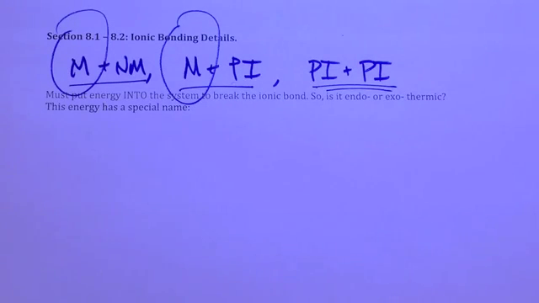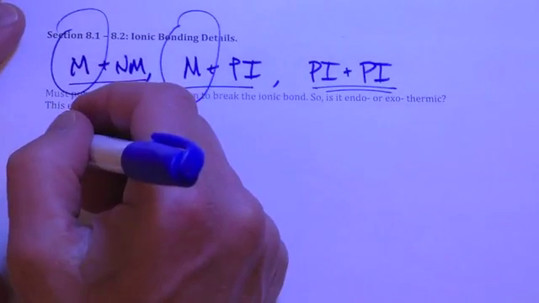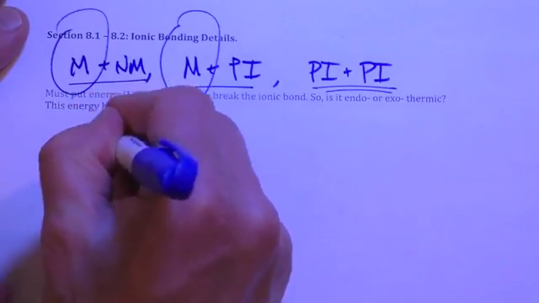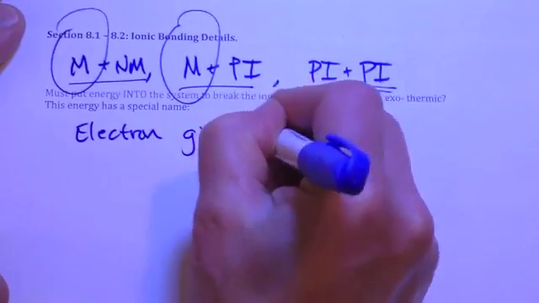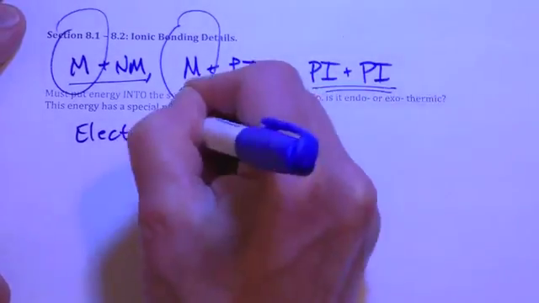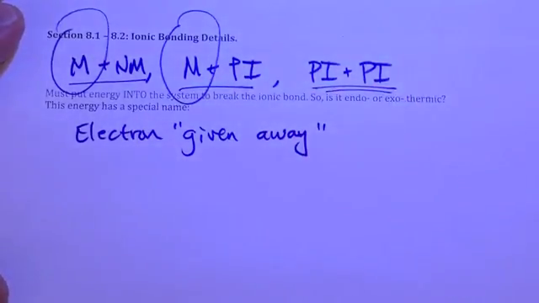So, what does an ionic bond actually look like? You can think of an ionic bond as something that has an electron that is given away, or you could say stolen by something else.